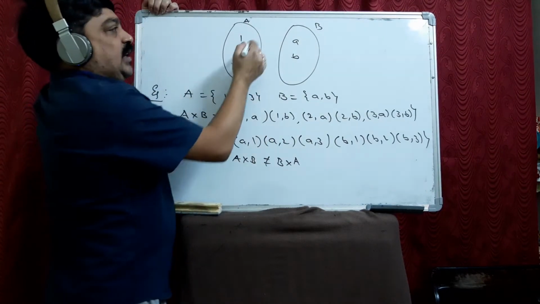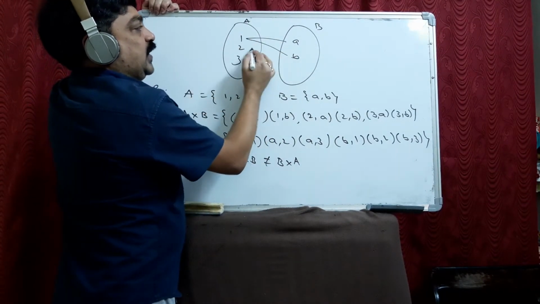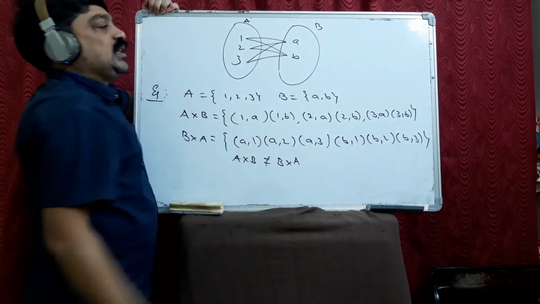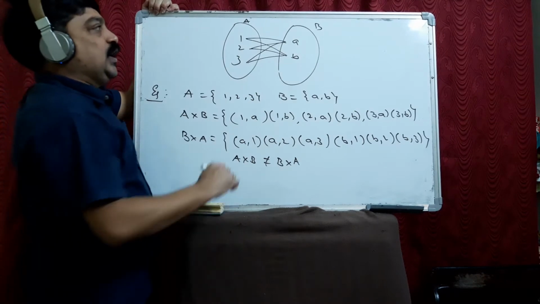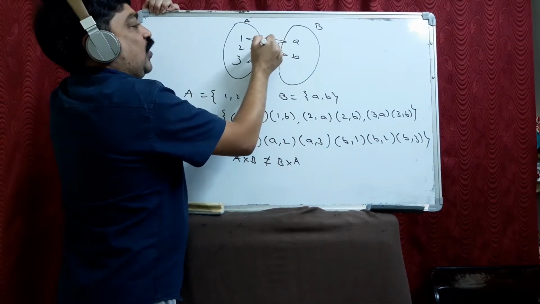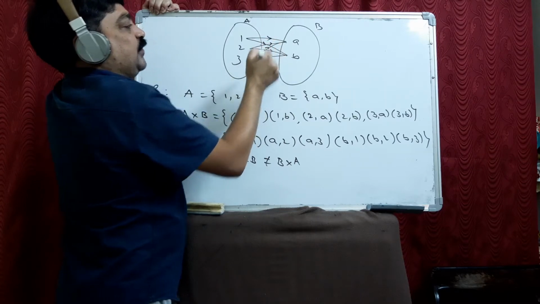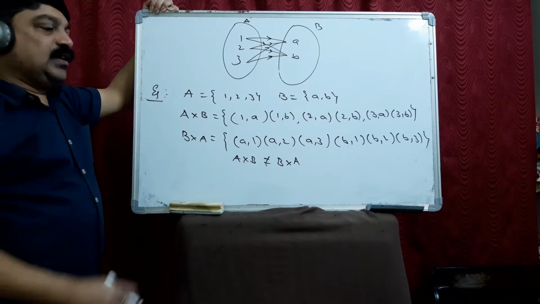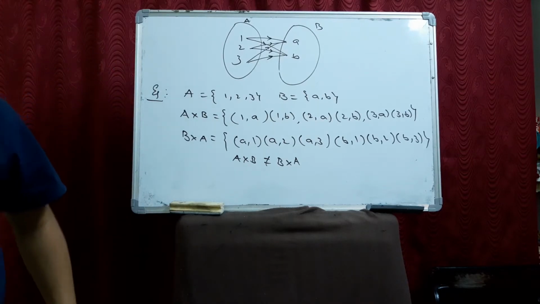The Cartesian product is taken as 1 to a, 1 to b, 2 to a, 2 to b, 3 to a, 3 to b. So from A to B, we put an arrow like this for all the mappings. No doubt in that.